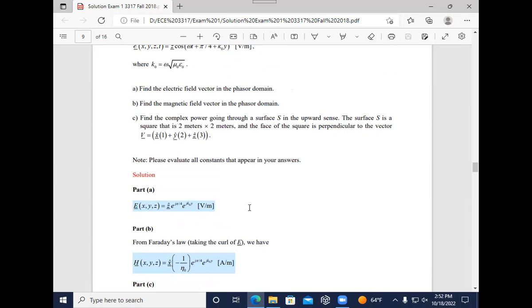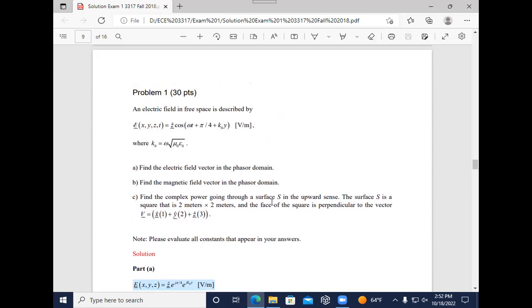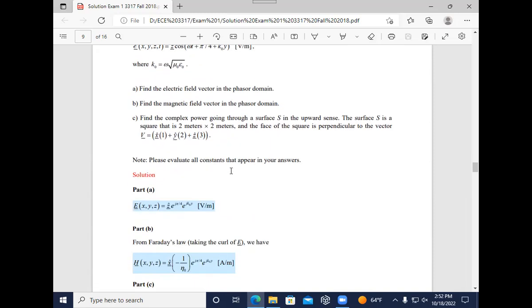There it is. And now the problem is saying that it's in free space. So of course we have epsilon 0, mu 0, and k is called k0. All right.